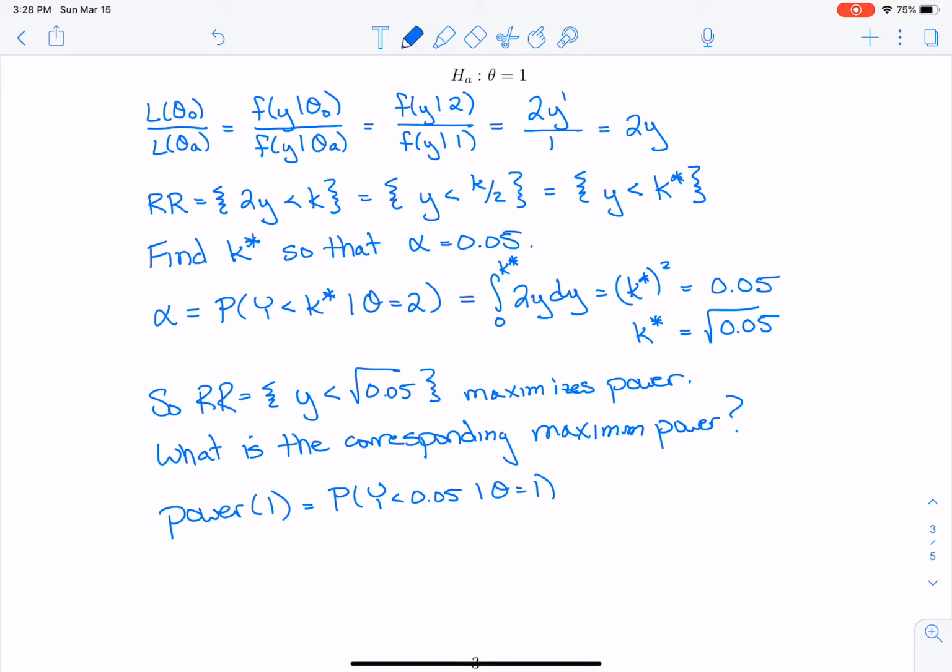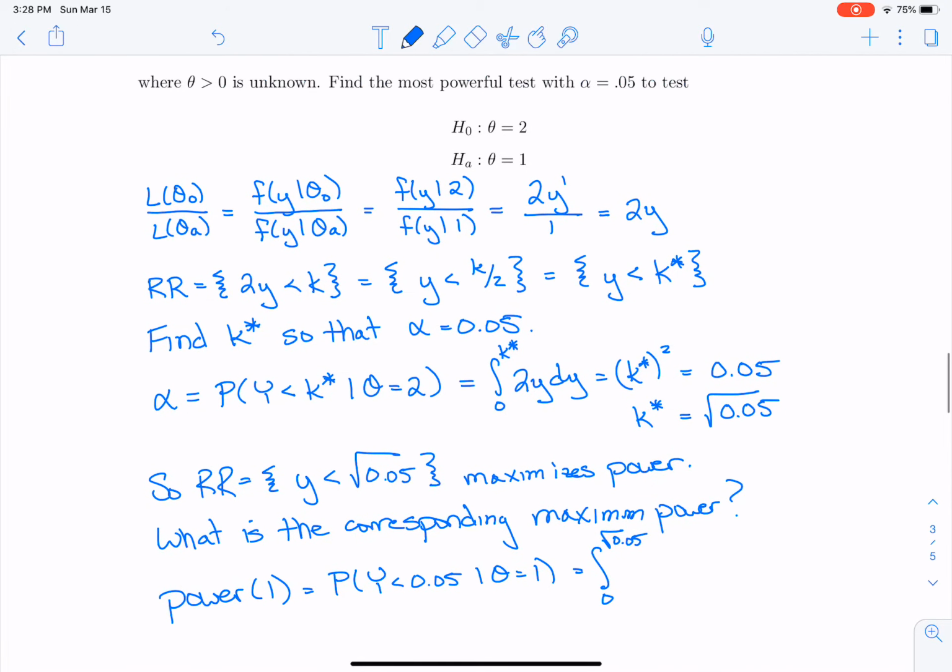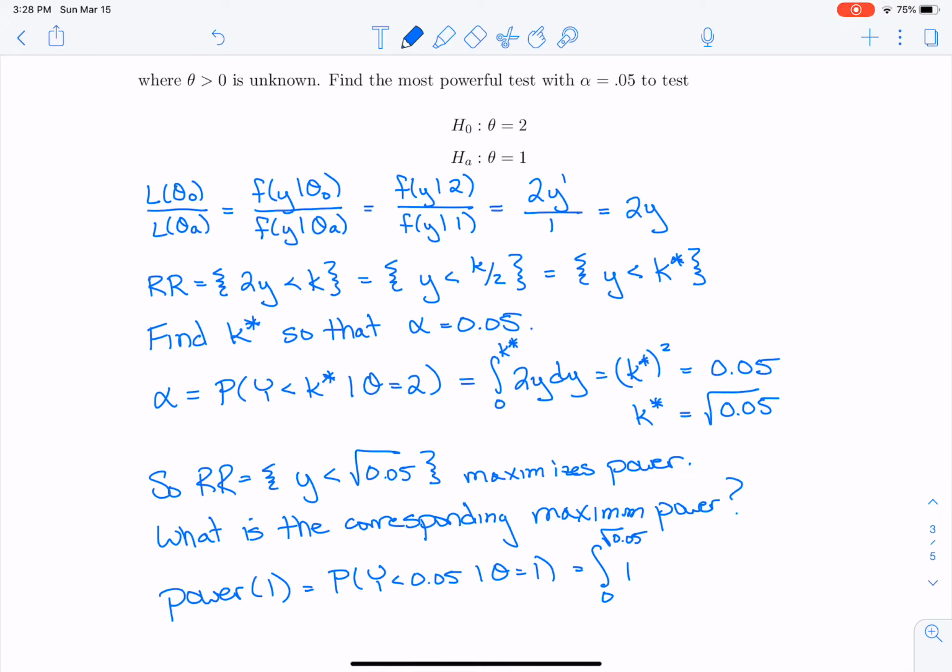That's the integral from 0 to the square root of 0.05 of, well, now, because theta is 1, we have 1 here, dy, and that's just the square root of 0.05.